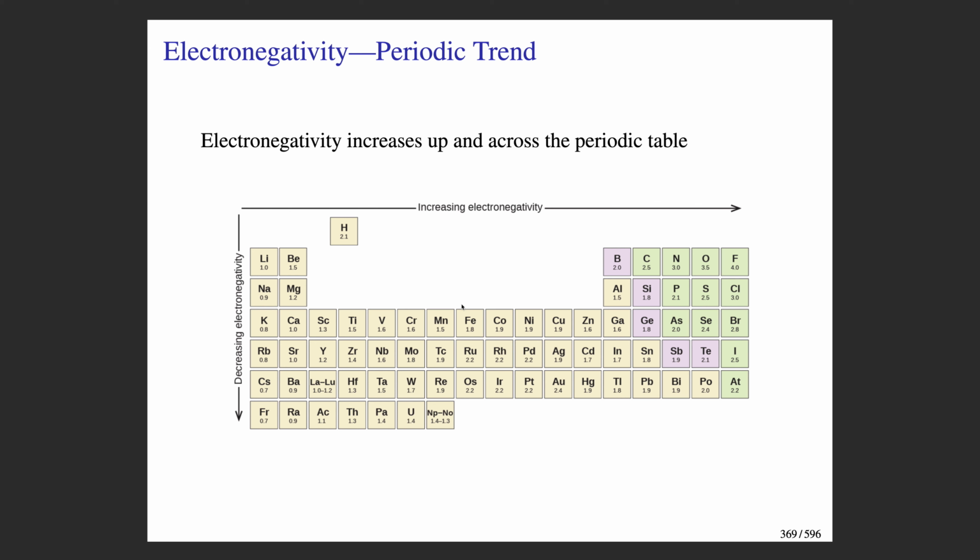Fluorine's the most electronegative, and down here cesium and francium have very low electronegativities. The concept of electronegativity is used to explain a lot of phenomena in chemistry, and so this is one that you definitely want to know and be prepared to use both in this course and in your future chemistry courses.